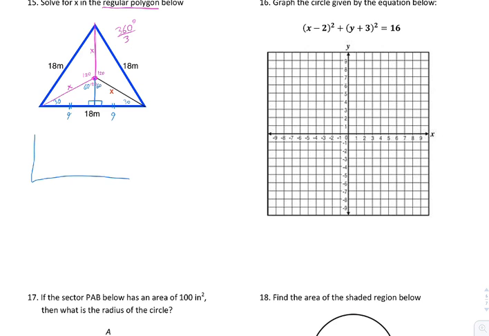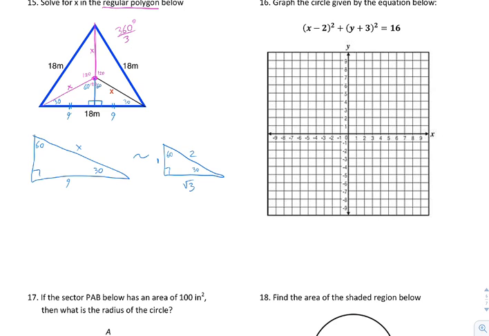It looks like this: 60, 30, x, and 9. And I'm going to use my 30, 60, 90 triangle rather than going with trig here. So that's similar to 60, 30, and my stock one is 1, 2, and root 3.